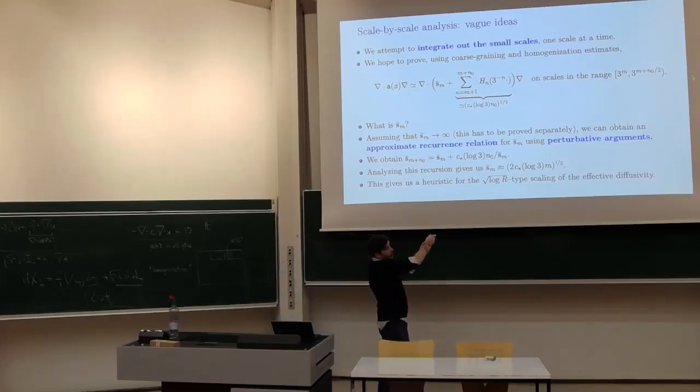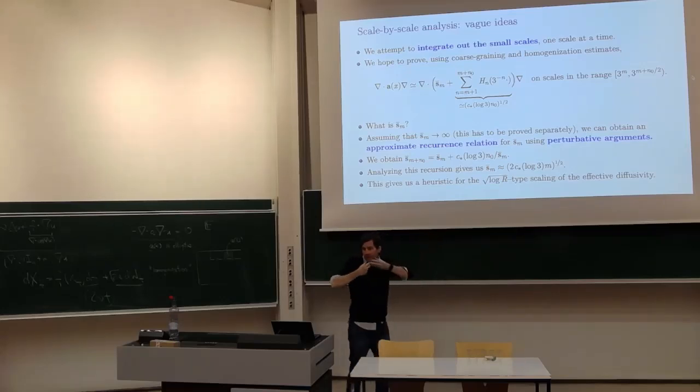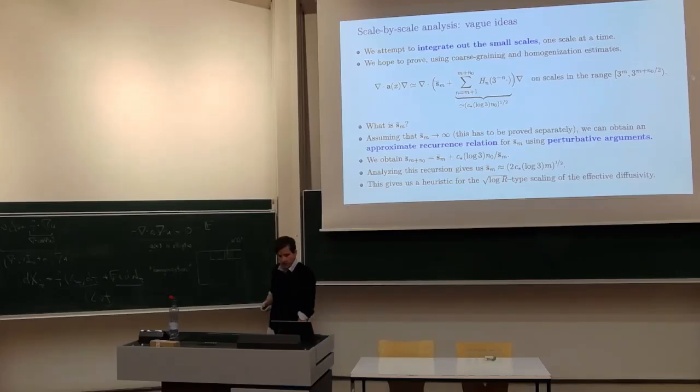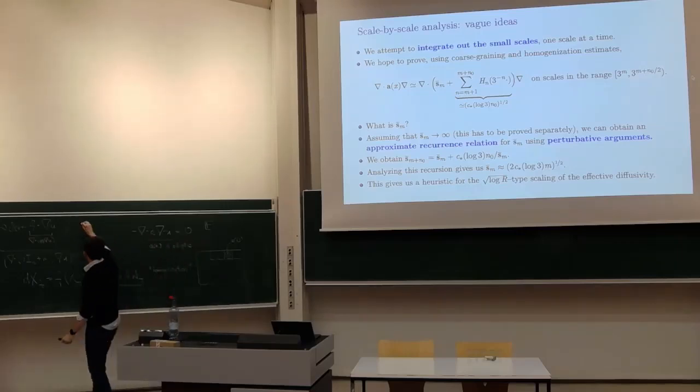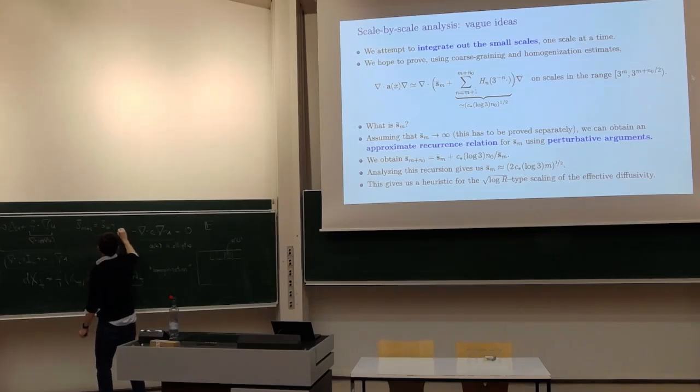Times n naught, the number of scales, but then you divide by S bar m because the effect of the drift, the effect of the enhancement, is lessened by the fact that it's smaller in size relative to that. So you basically get this recurrence relation that says S bar m plus 1 is S bar m plus a constant divided by S bar m. That's basically what you get.